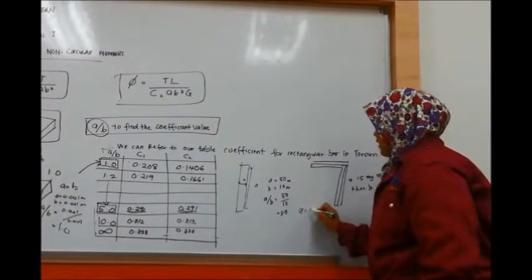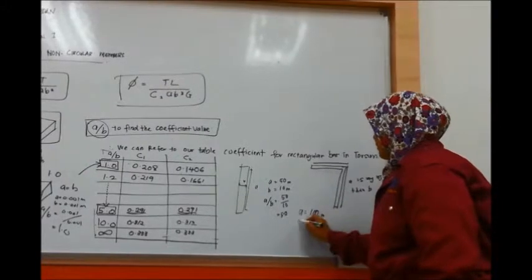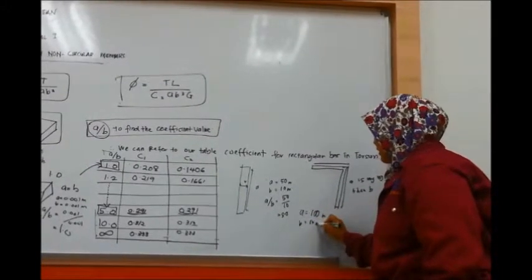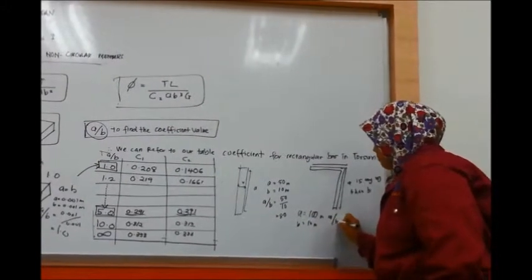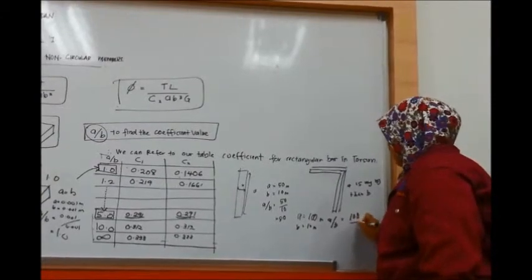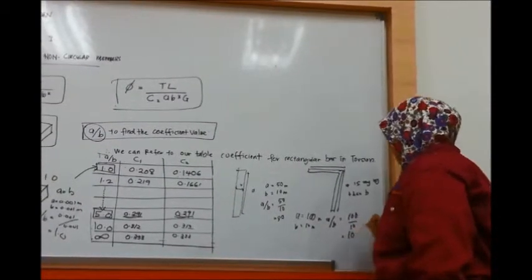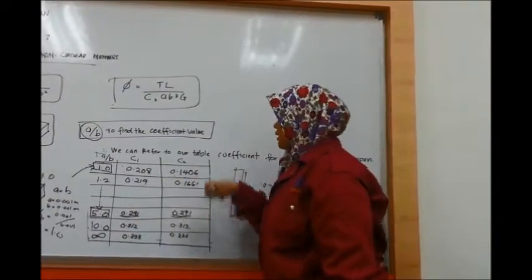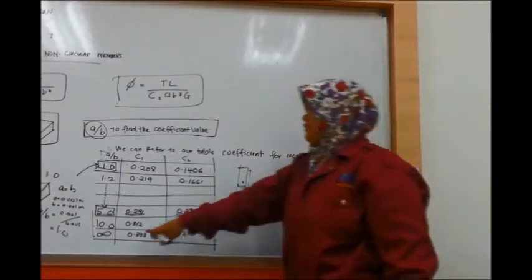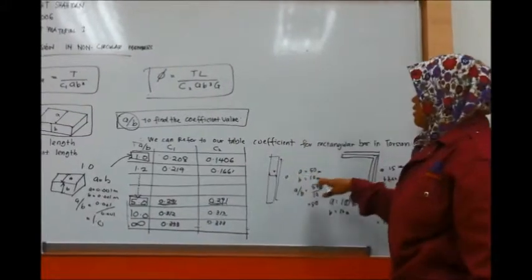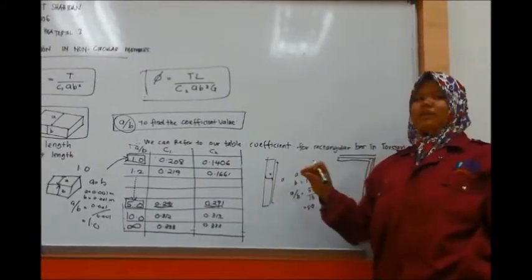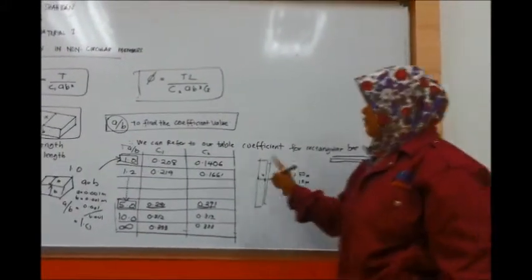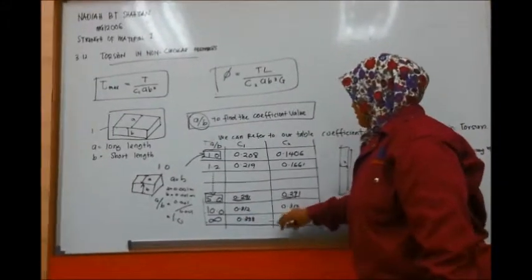Let's say a is equal to 100 meter and b is equal to 10 meter. So we divide a by b: 100 divided by 10, we get 10. So we refer to the table of coefficients and get c1 and c2. Until infinity, where the value of a is too large, the values are the same.